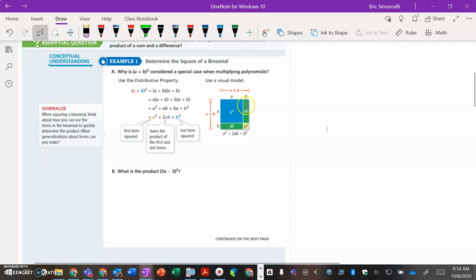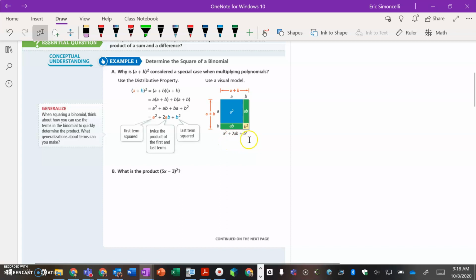The green rectangles are a by b units, so their areas are a times b, and we have two of those, so ab times 2. I've already denoted a times a, which you can see is a squared. And last but not least, we have one yellow square, which is b by b, so b squared.